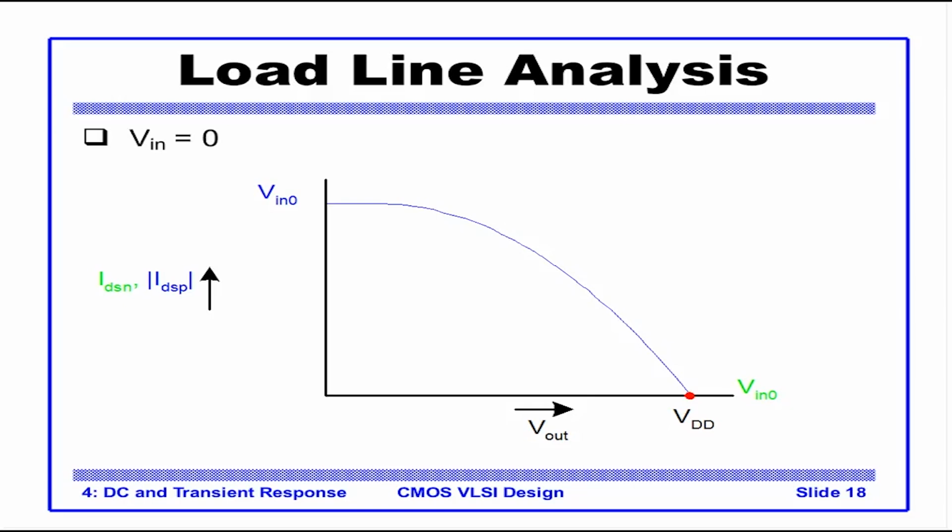What happens to the current? I'll come to that later. Let's first see the effect of voltage. Next, what happens when V in starts rising? When V in starts rising but doesn't cross the VT of NMOS, the NMOS will still be turned off, it will be cut off, and the PMOS is the one which is driving.